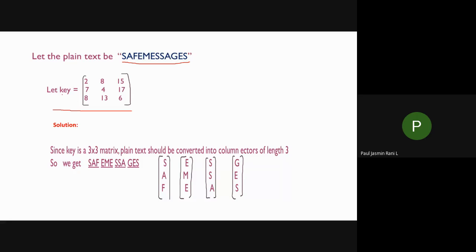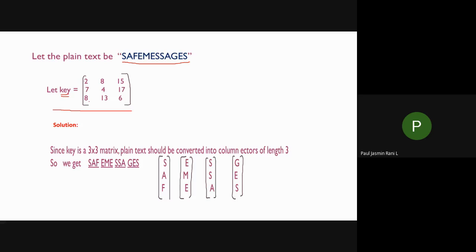Say suppose this key happens to be a 3 cross 3 matrix. Why do we call it a 3 cross 3 matrix? It means rows and columns: 3 rows and 3 columns. If it is a 3 cross 3 matrix, then you have to split your plain text into groups of 3.